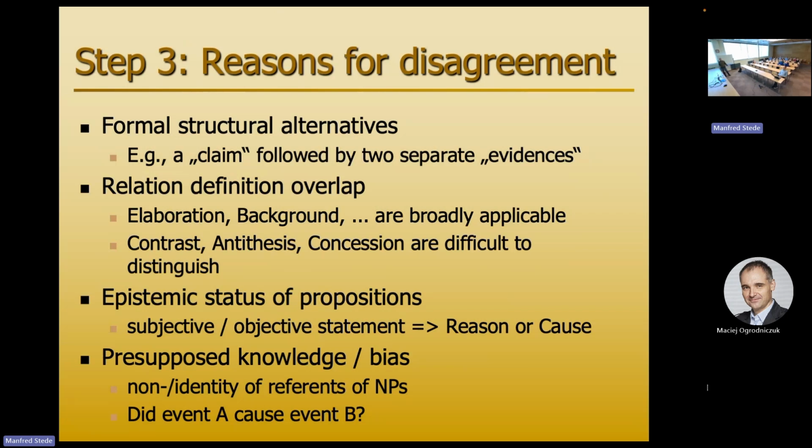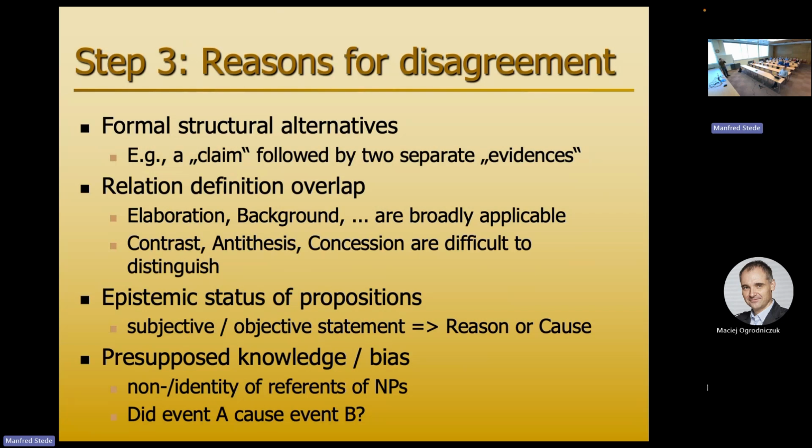Then there are quite a few examples of non-identity of reference that lead to different causality relations, for instance. I remember one case in an old text, nobody knows anymore whether that part of the city that is named is the same as the area that is close to the station, because it's a city somewhere in Brandenburg, nobody knows it anyway.